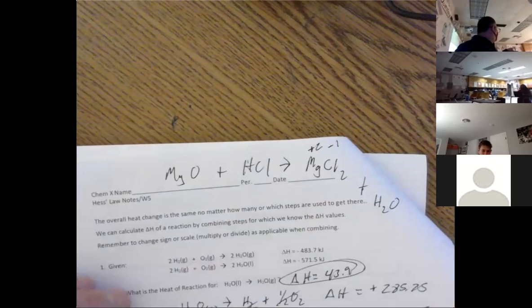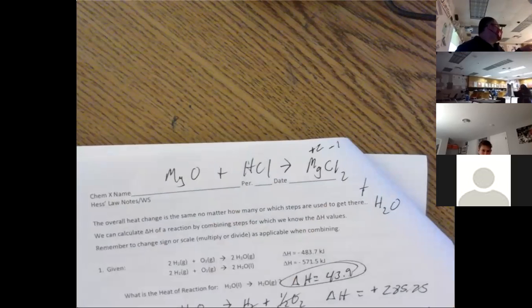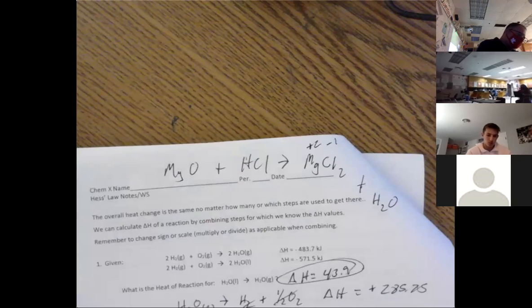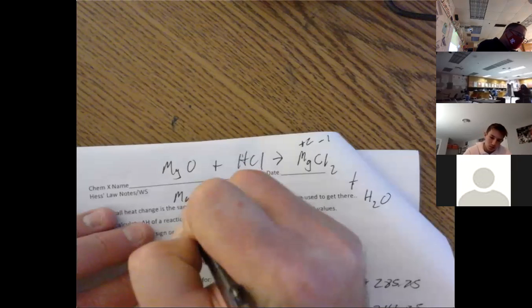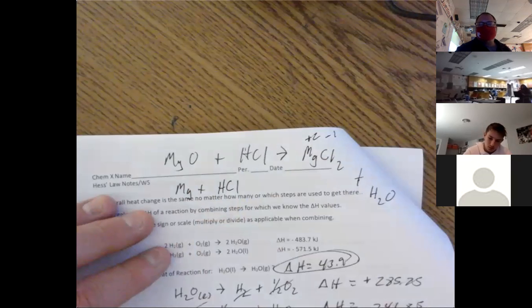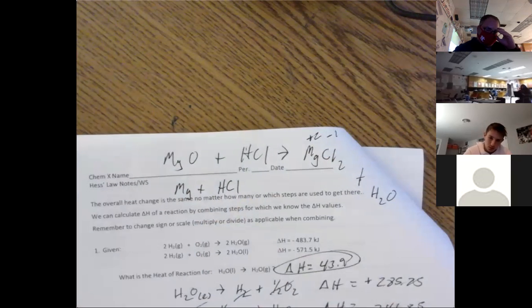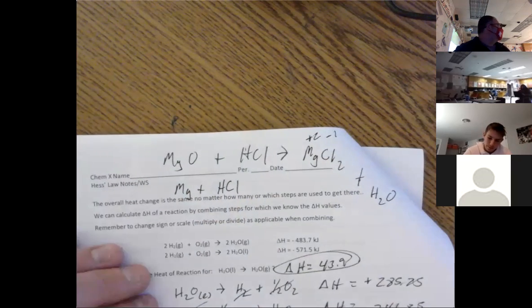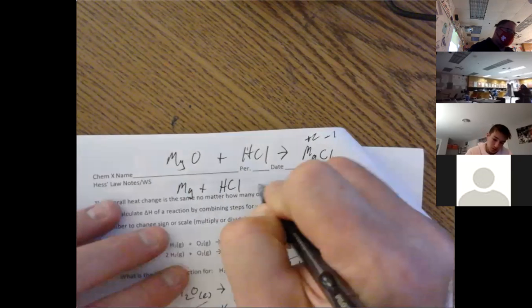And yesterday, you guys did what reaction? What did you put magnesium in? HCl, hydrochloric acid. What type of reaction is that? Single displacement. What are we going to get forming?